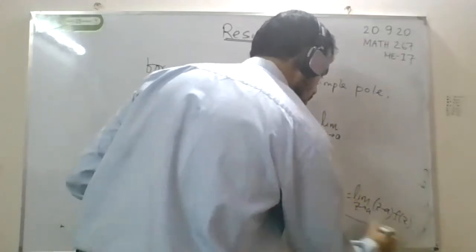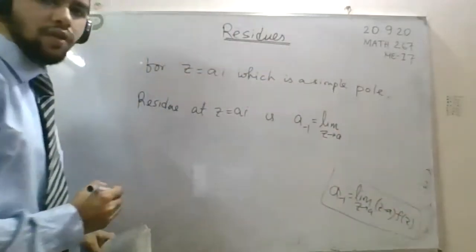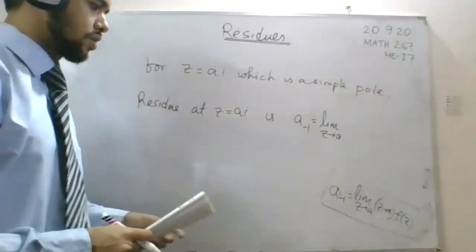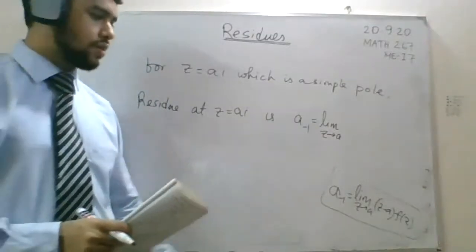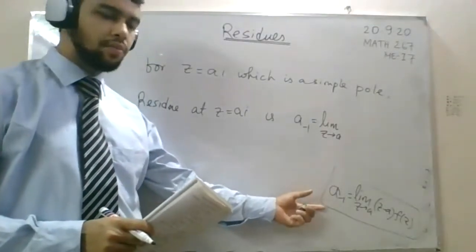Okay. So this is the formula for the residue at a simple pole of a function.